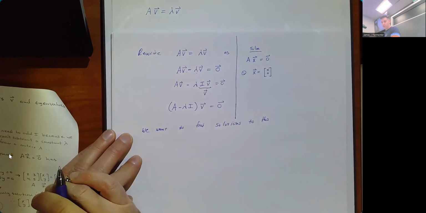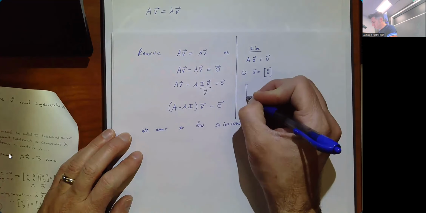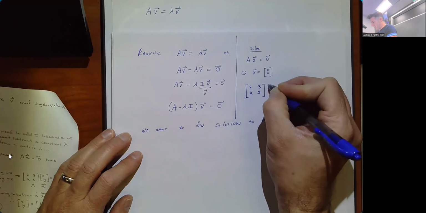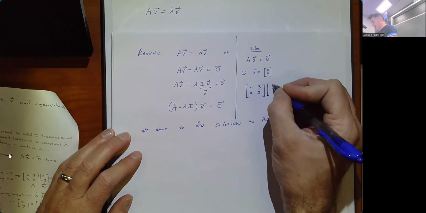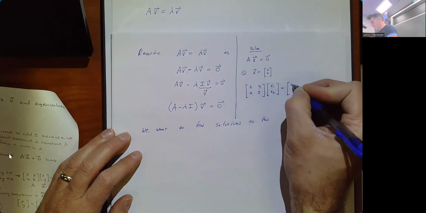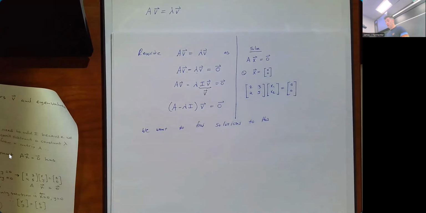For example, the following: the matrix with rows (2, 3) and (4, 5) times the vector x, which I'm going to call (x1, x2), equal to (0, 0). The only way to solve this is for x1 and x2 to both be 0. There is no other solution.